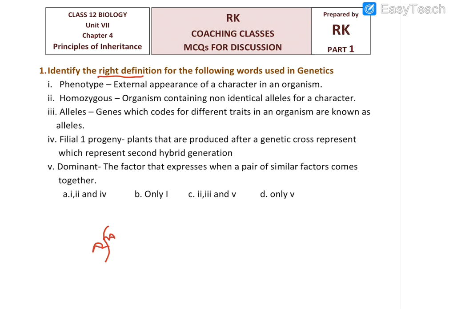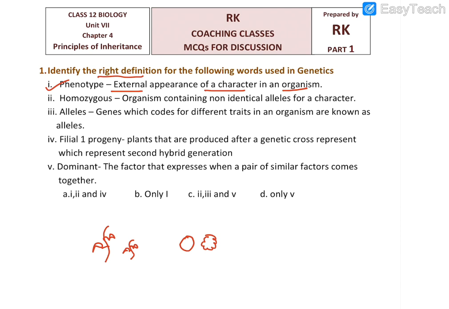If you take the height of the plant, the plant can be dwarf as well as tall. This will be the external appearance. The shape of the seed can be round or wrinkled. So how it appears, that's what we call phenotype. So here, external appearance of a character in an organism is the right definition for phenotype.